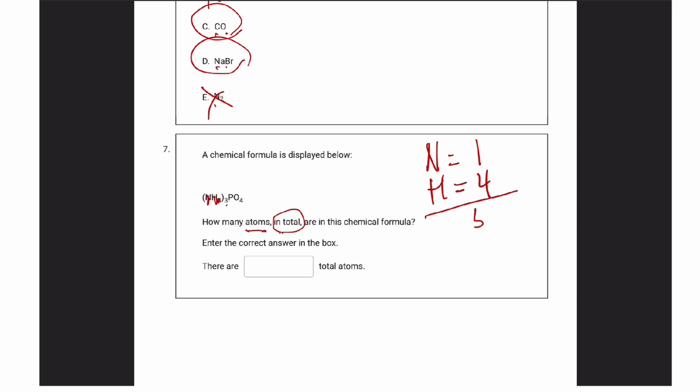So we have to take this and times it by 3. So now we have 15 plus, so we're done with that. We have 1 P and we have 4 O's. So our total would be 15 plus 1 plus 4 is 20. 20 total atoms.